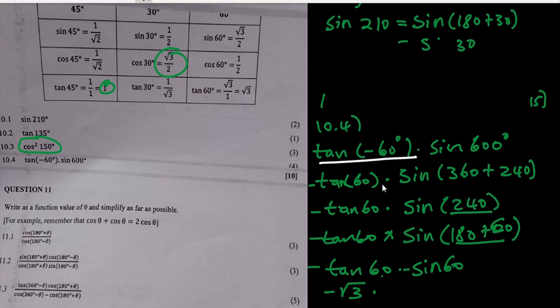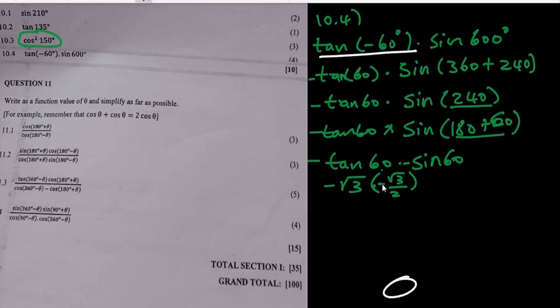And then negative sine 60 is going to be root 3 over 2. But there's this negative there. So the two negatives, they are going to cancel. And then root 3 times root 3 over 2 is going to be 3 over 2.